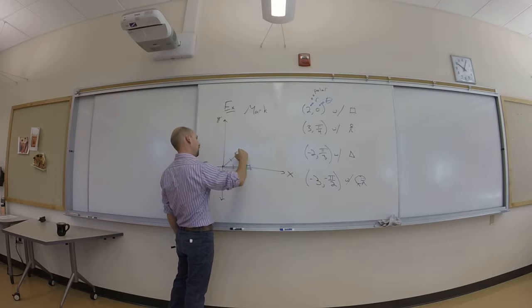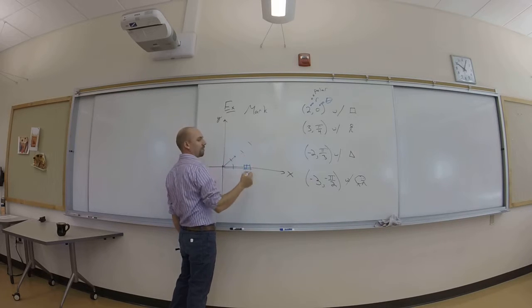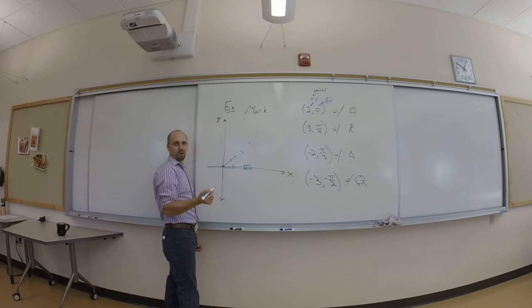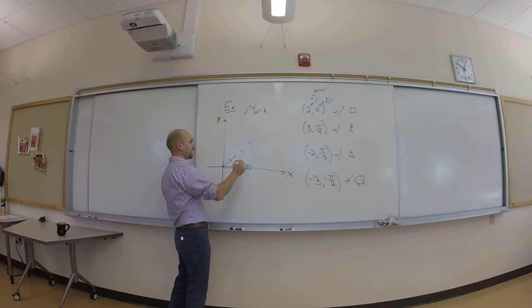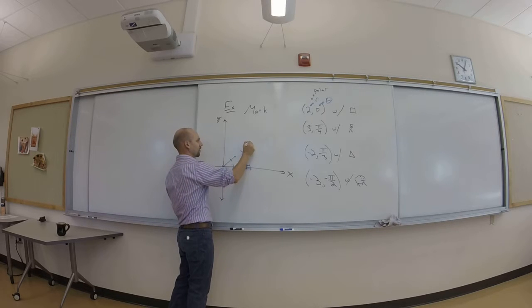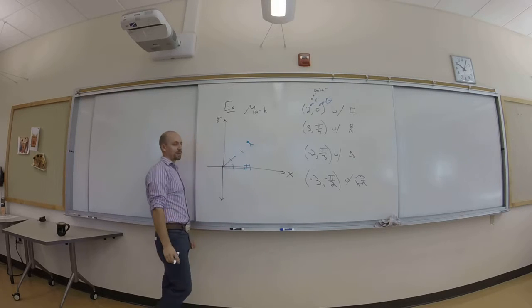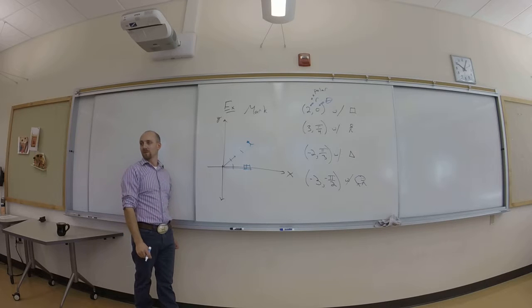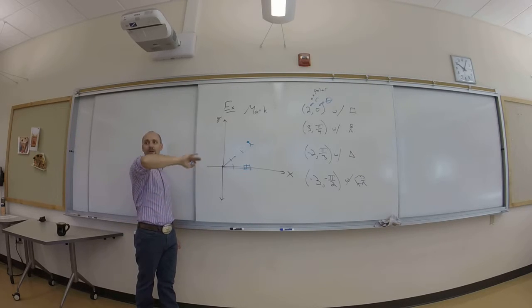So 1, 2, 3 out, more or less. And full stick man. You guys cool with that? So that's a distance of 3 out on the angle pi over 4.